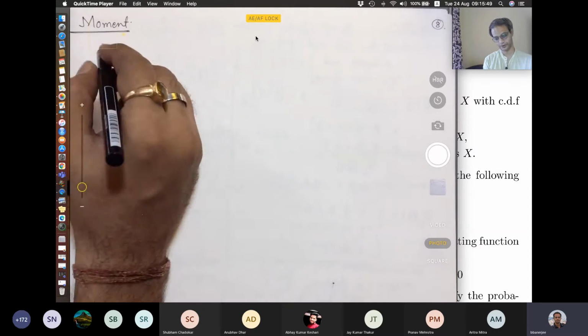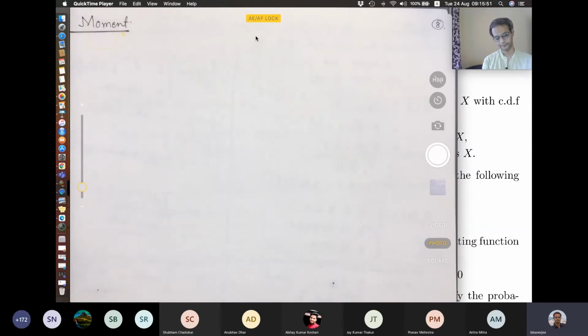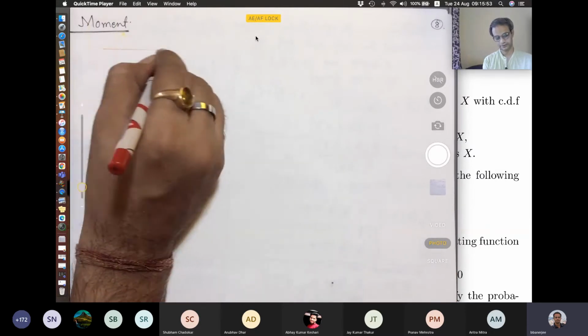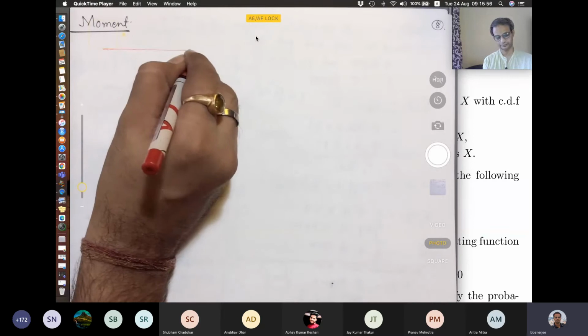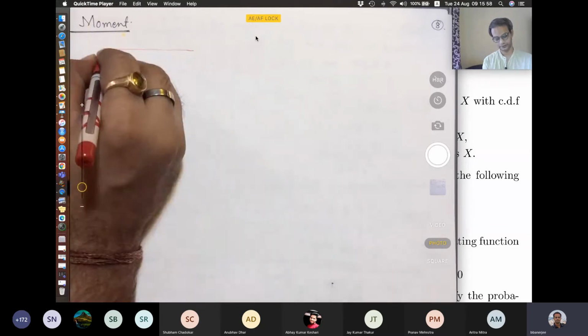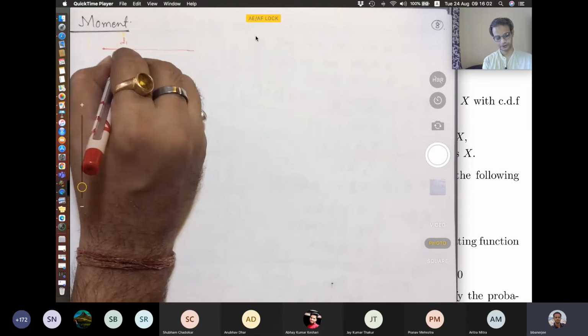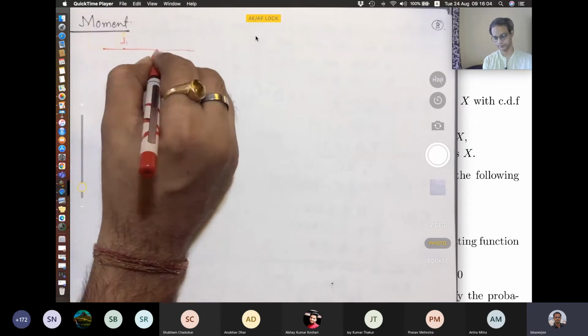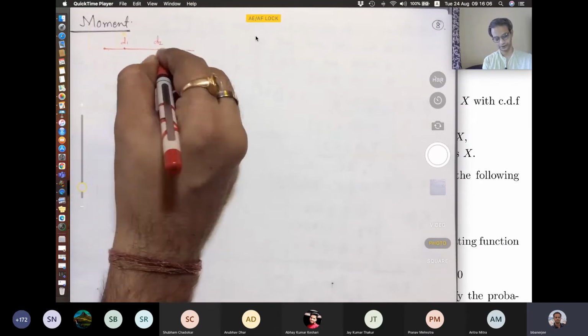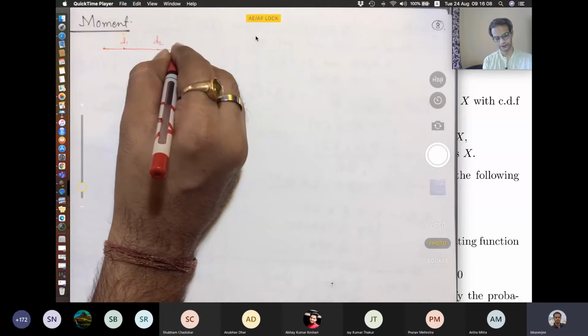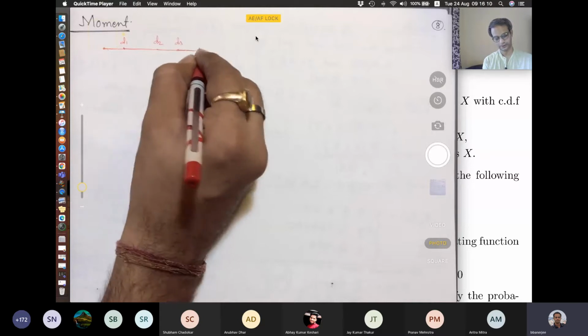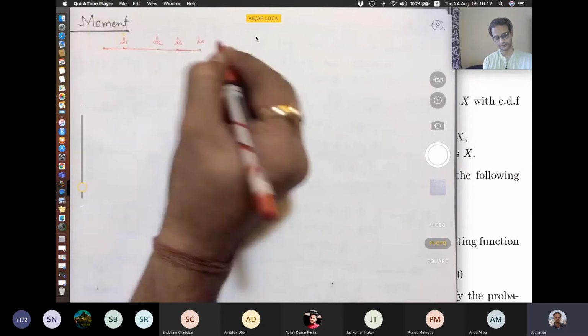So suppose you have a string from 0, so this is distance 1, this is say distance 2, this is say distance 3, and maybe this is distance 4.